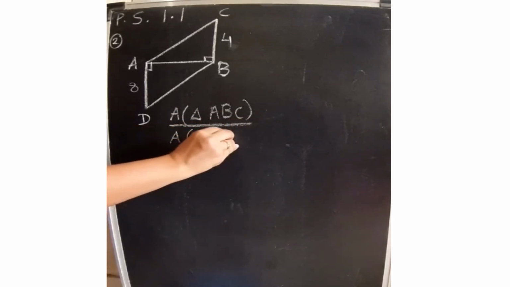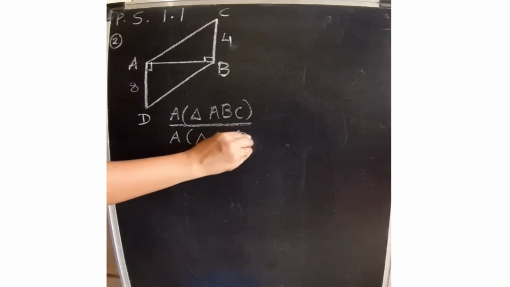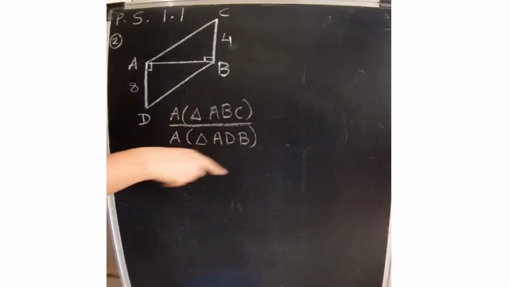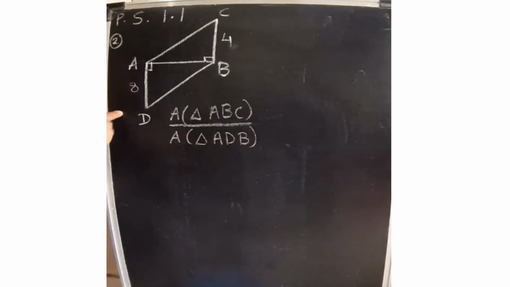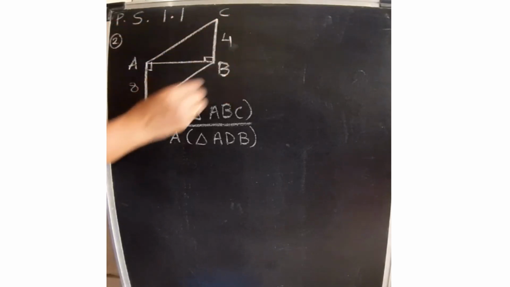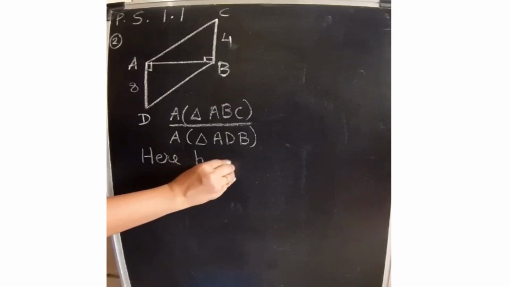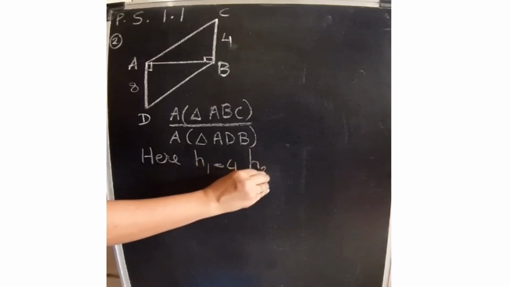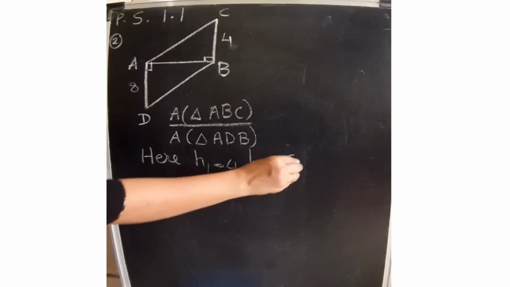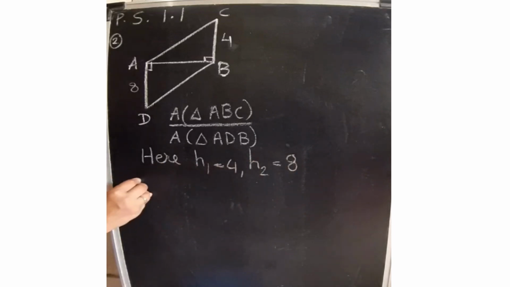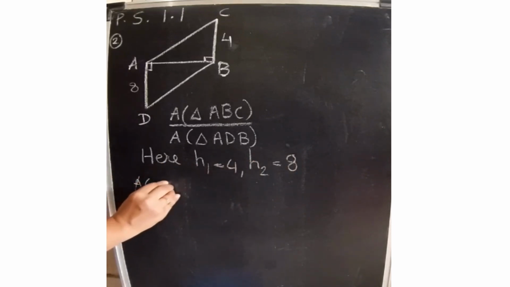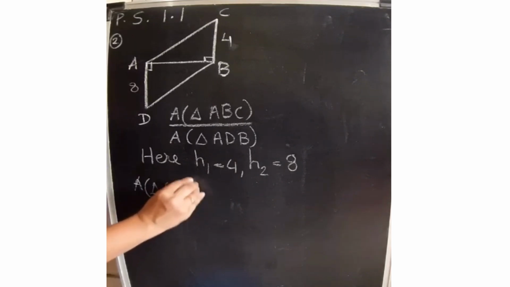If you observe here, one thing is common, that is AB, the base is common. So if the base is common, then the ratio of areas is equal to their corresponding heights. So we write H1 equal to 4 and H2 equal to 8, that is, the height for the first triangle and the height for the second triangle.